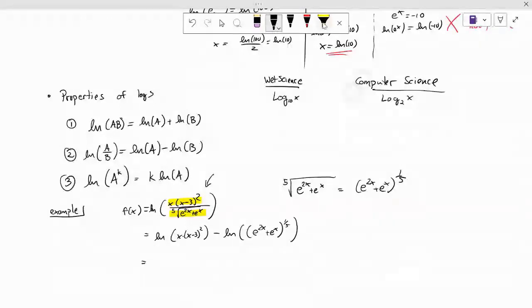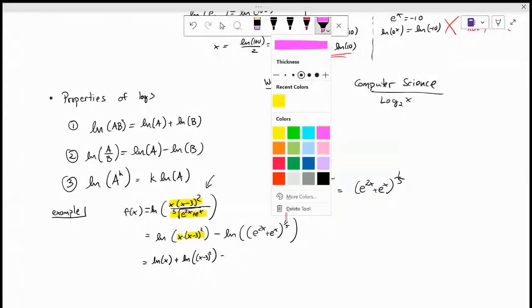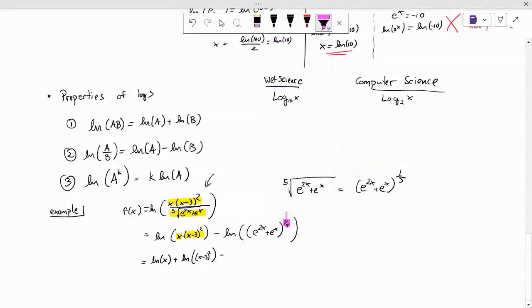Then in the first term, we have a log of a product, x times something. So we know log turns multiplication into addition of logs. And for the second term, notice I can take the 1/5, that's an exponent, and bring it in front by property number 3. So that's 1/5 log of e to the 2x plus e to the x.